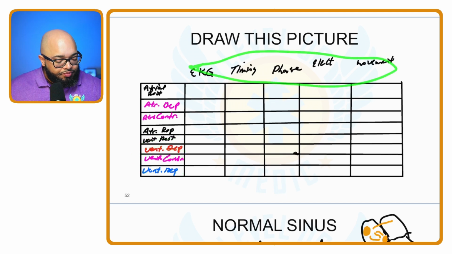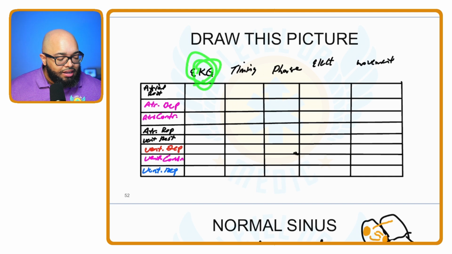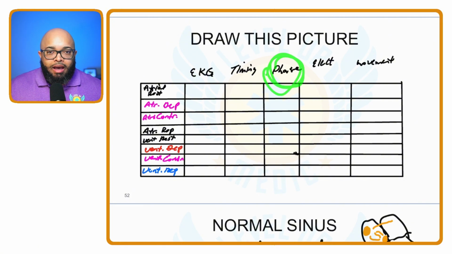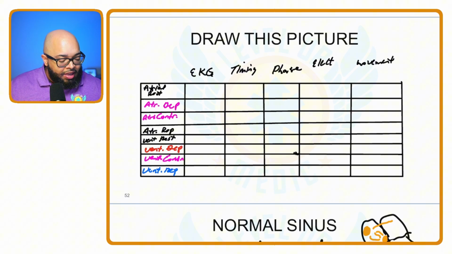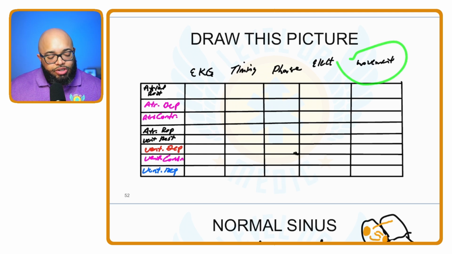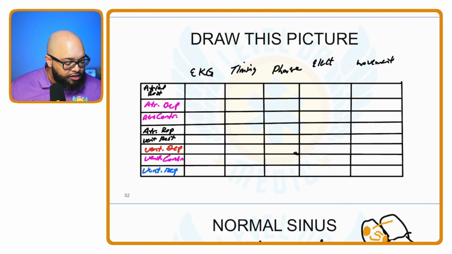Across the top, I have what period of the EKG, how long that period should take, what phase of the membrane potential it happens in, and then the electrolyte: which electrolyte is responsible during that period, and which way it is moving, in or out of the cell. So let's put the story together nicely for you.